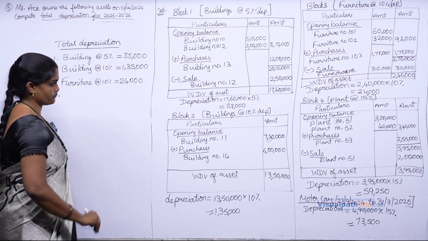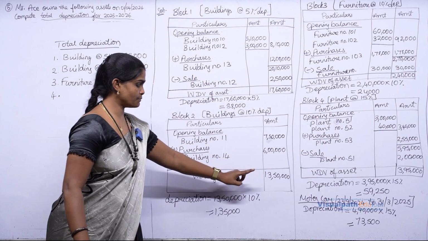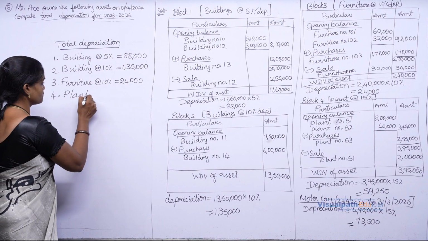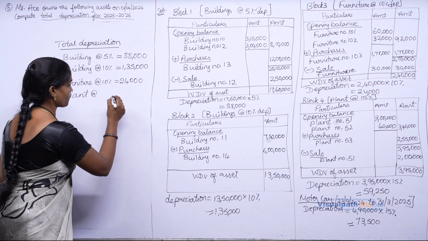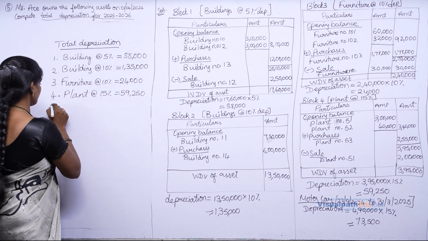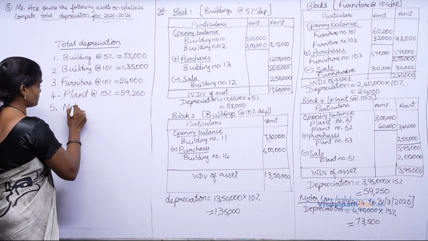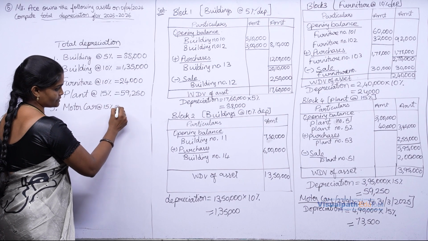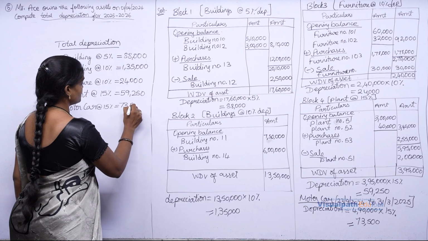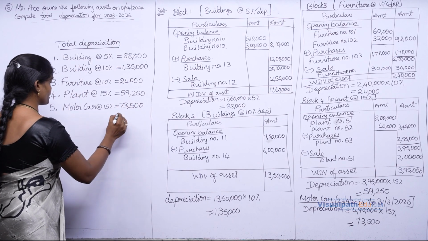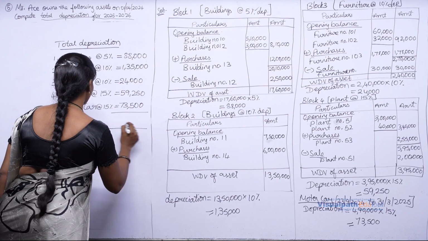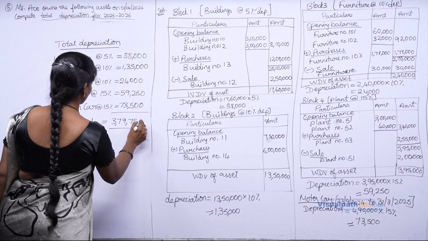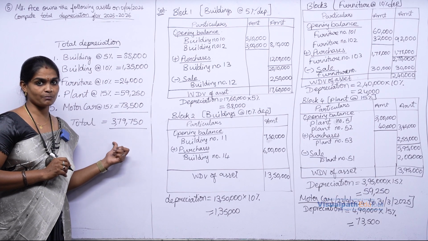Next, block 4, plant at 15% depreciation whose value is 59,250. Then fifth one is finally motor car at 15% depreciation, 73,500. Clear? Now total. Add this, you will get 3,79,750. This is the total depreciation.